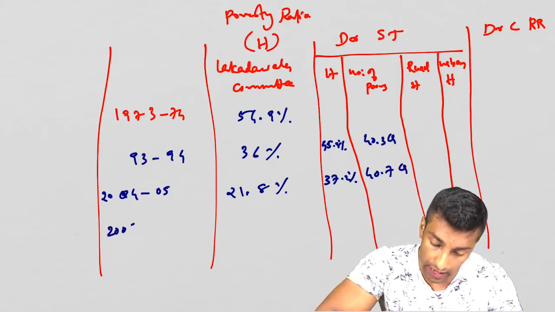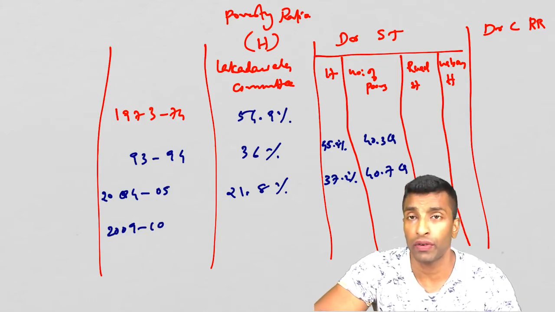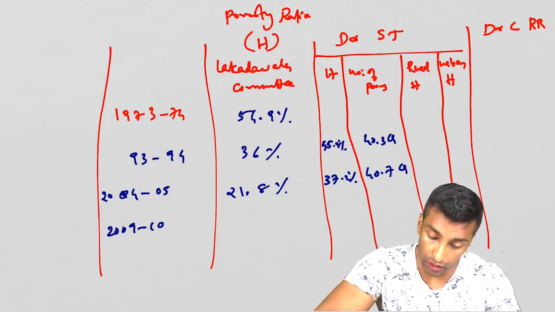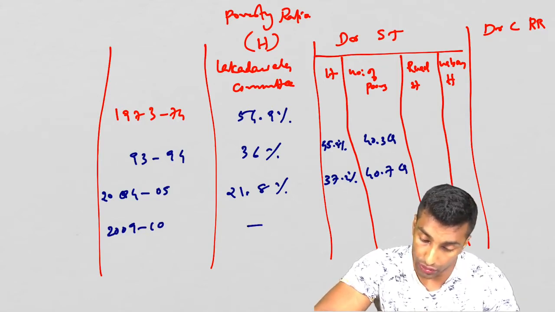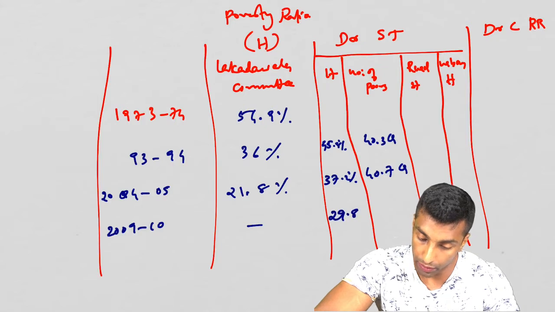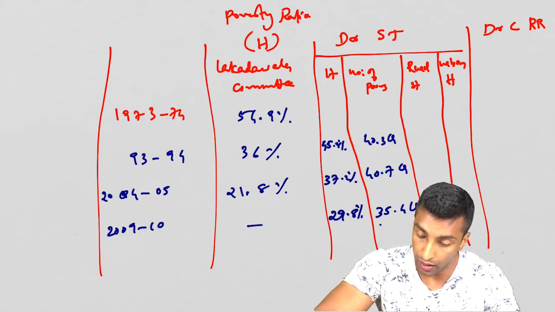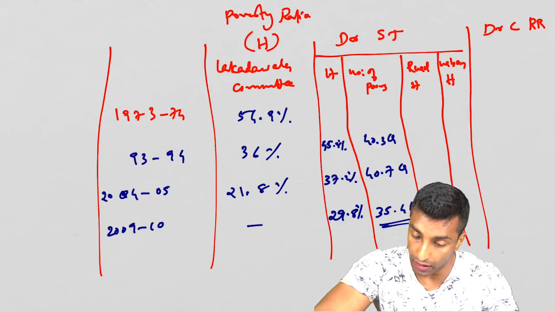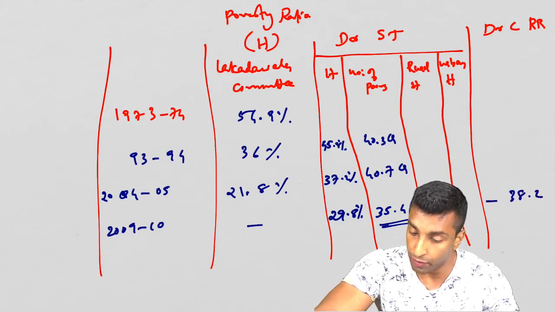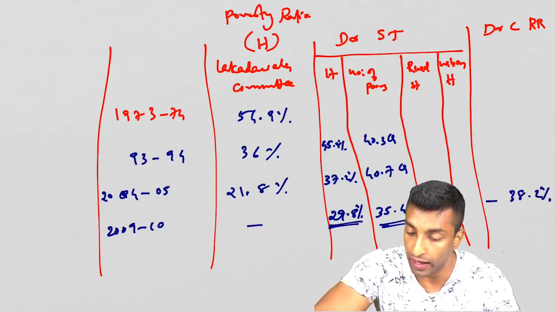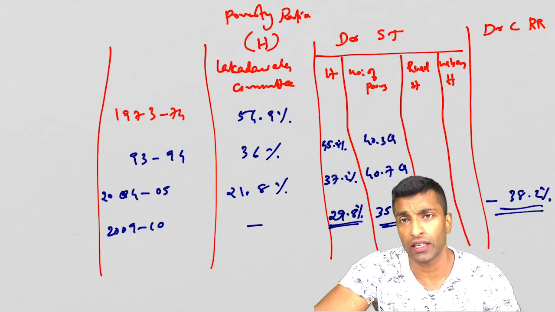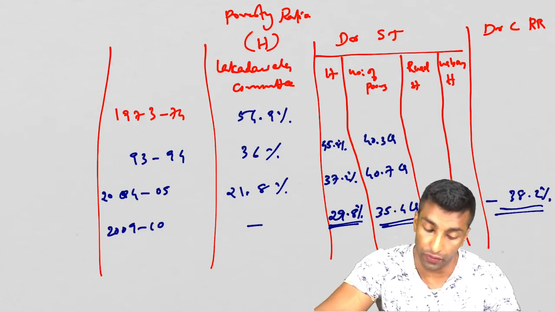2009-10. Now we are done with the Lakdawala Committee, so we will not be writing here. Here Suresh Tendulkar 29.8% and 35.4 crore people are poor. As per Rangarajan, 38.2%. So this is 29.8, this is 38.2. Obviously it will be higher because the criteria are different.